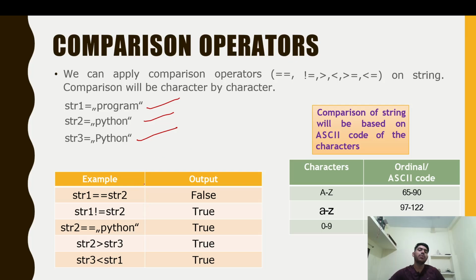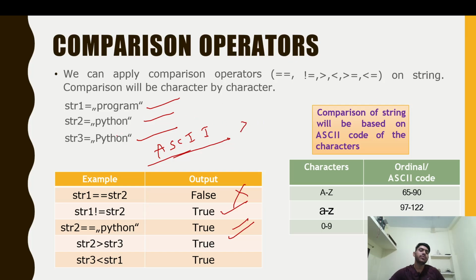String 1 equal to string 2, program equal to Python, false. String 1 not equal to string 2, yes. String 2 equal to Python, yes, correct. String 2 greater than string 3, how do you know which is greater? By checking the ASCII value of the characters, counting it, you can know whether it is less than or greater than.